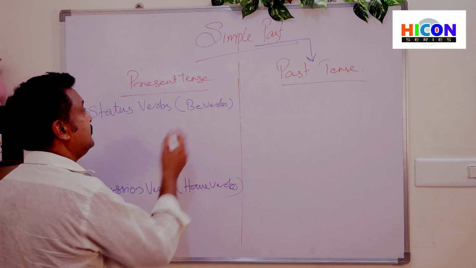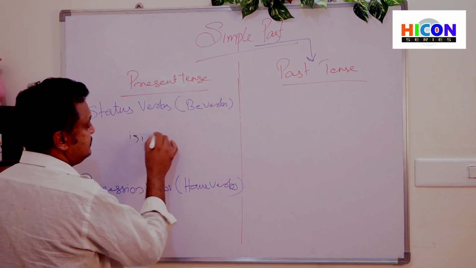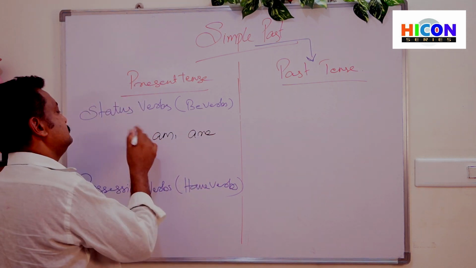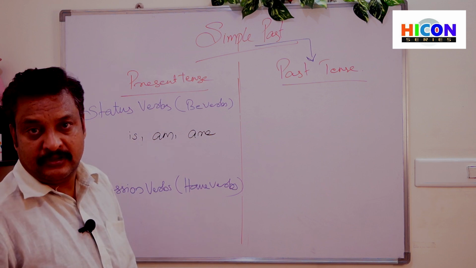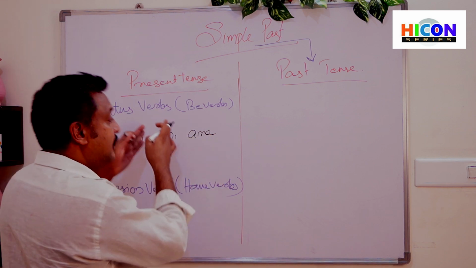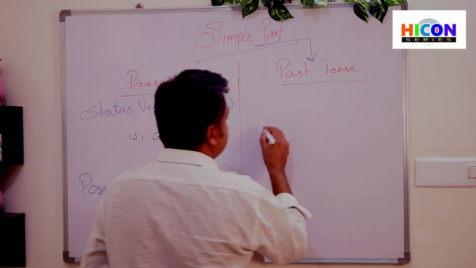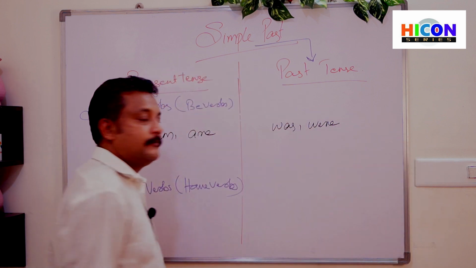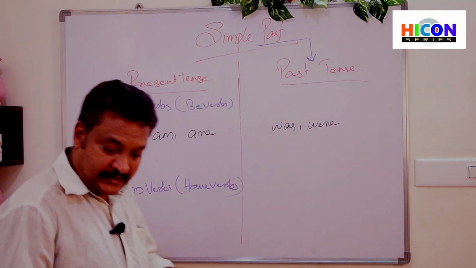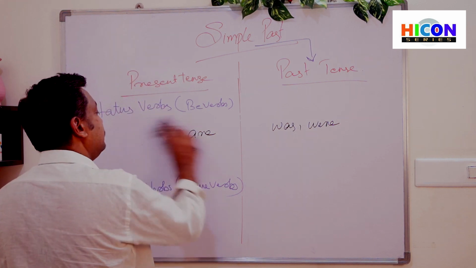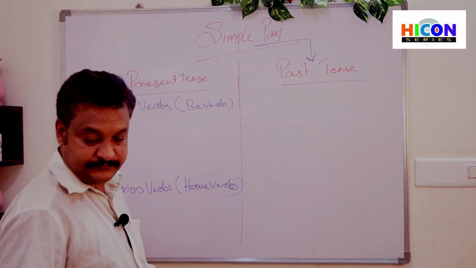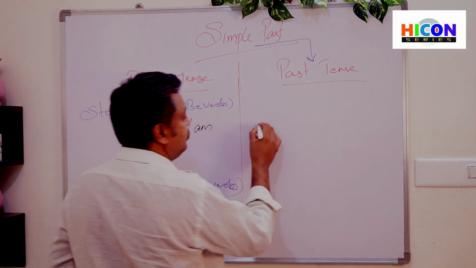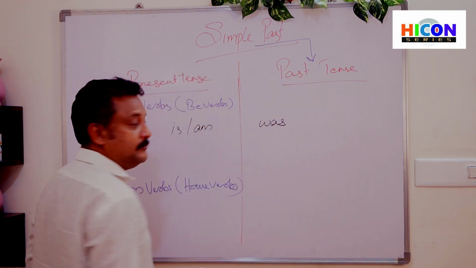For example, in present tense we had is, am and are, isn't it? In past tense we have was and were. If I classify it more specifically: we have is and am in present tense, and for that we have was in past tense.